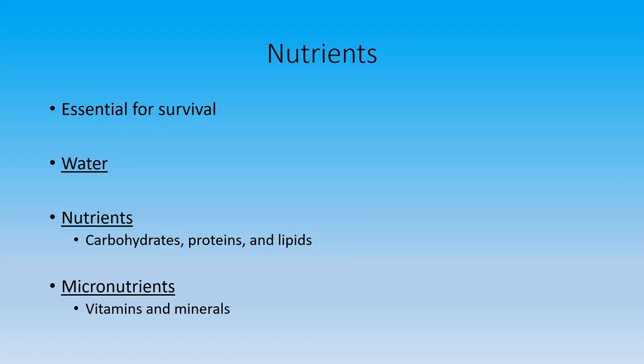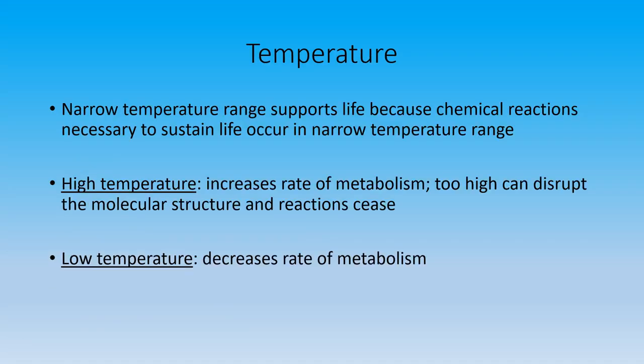Water and your regular nutrients, such as the carbohydrates, are often referred to as macronutrients because you need those in larger amounts, larger concentrations. Those will be discussed in more detail in the chemistry chapter.